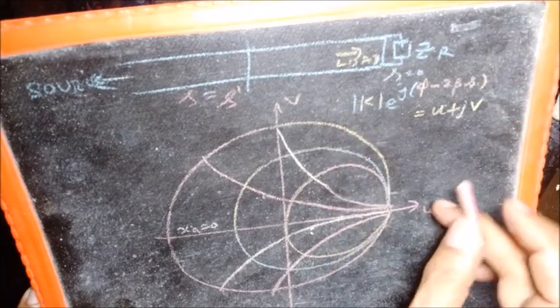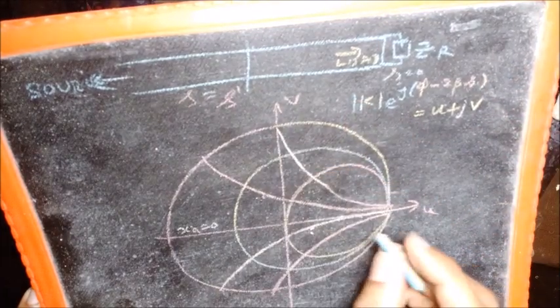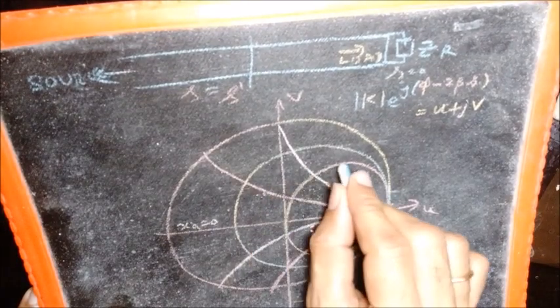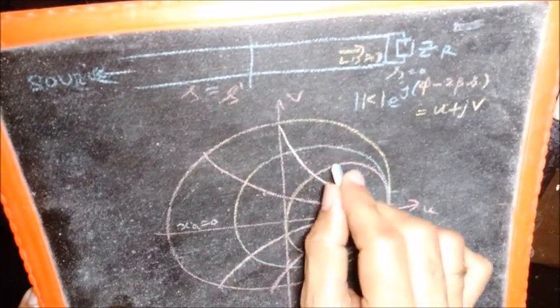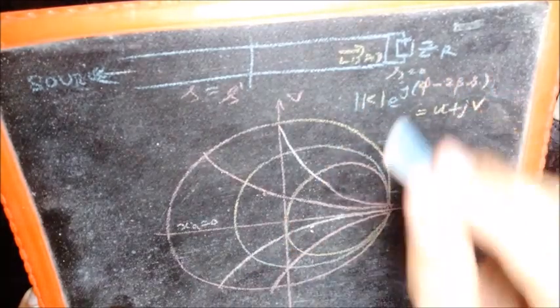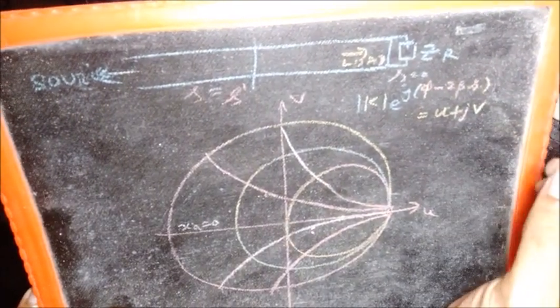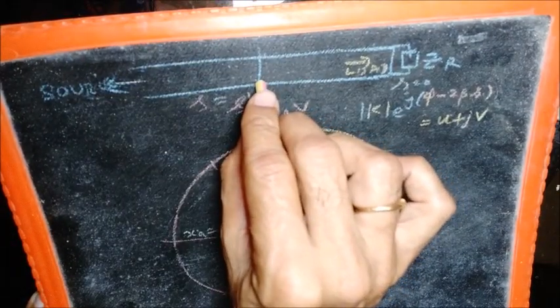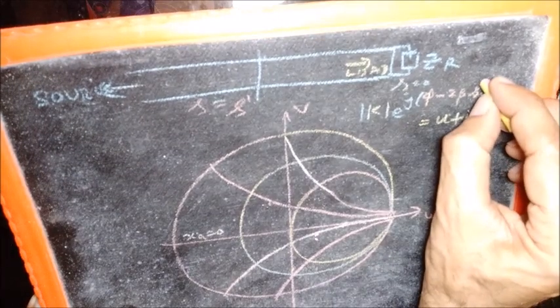It will be representing this because this is the U and this is the V axis. So if I choose a particular value for U, a particular value for V, I get the phasor representing this quantity.